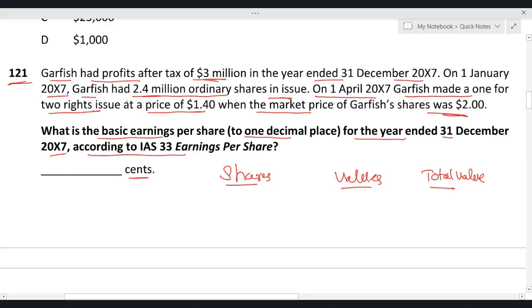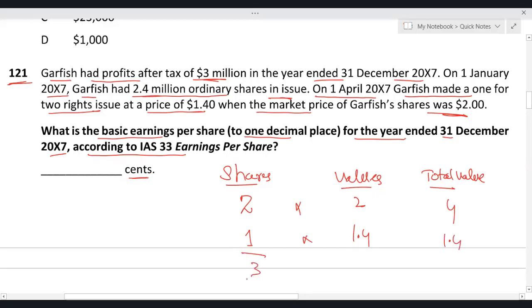Made a 1-for-2 right issue. Against each two shares, they made one right. The right issue price is 1.4 and the share price before the right is 2.